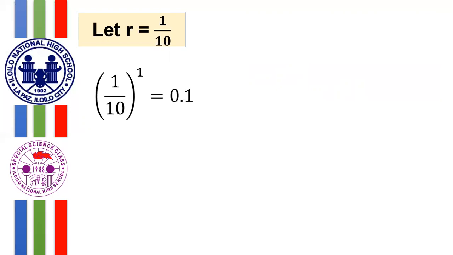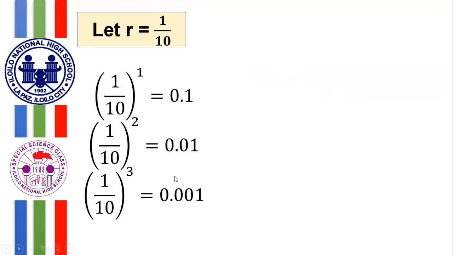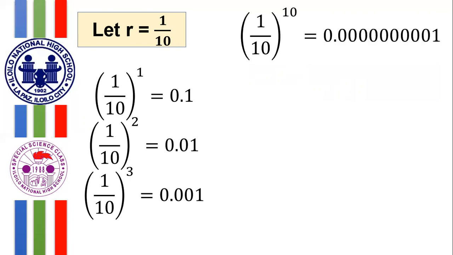If I raise 1/10 to 1, you will get 0.1. If you raise that to 2, you will get 0.01. If I raise 1/10 to 3, you will get 0.001. How about if I raise that number to 10? I will get this number, 9 zeros followed by a 1.